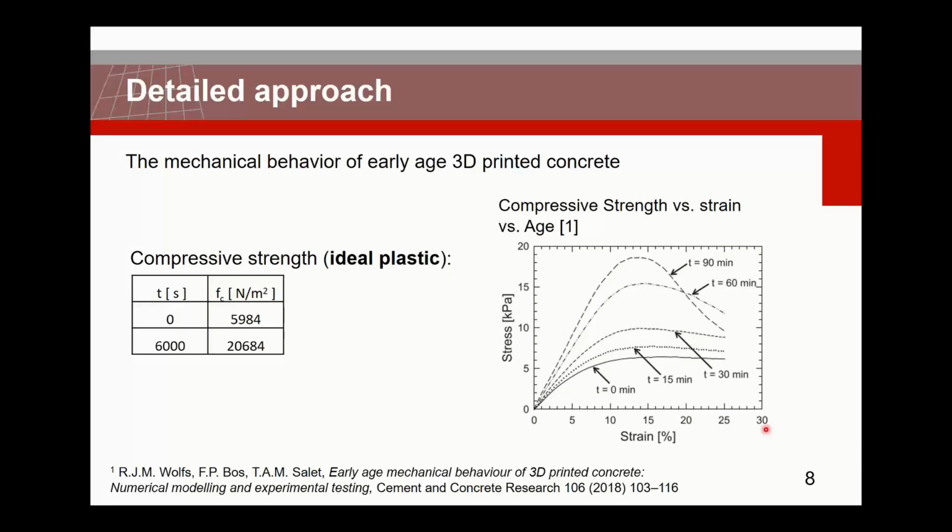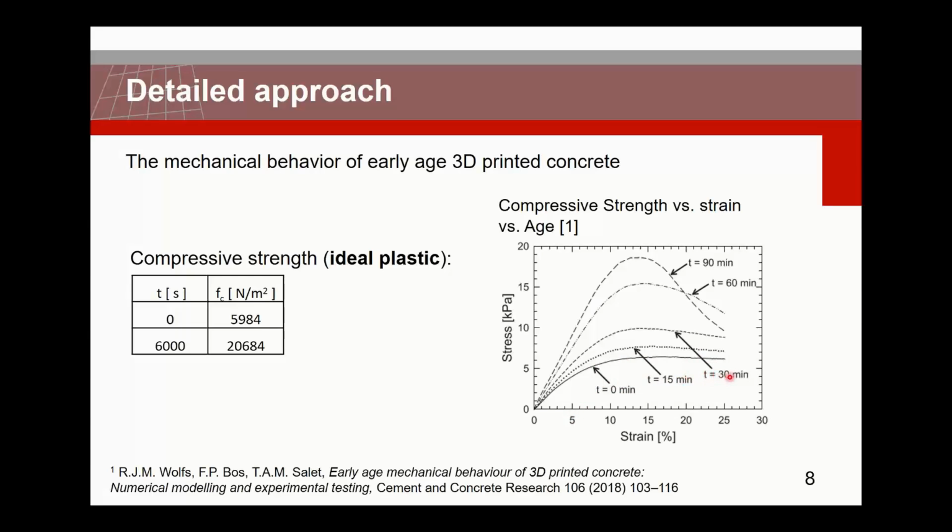Next up is how it will behave. Of course, we know in general from compressive strength, if you look at the stress strain diagram for compressive behavior, we in general look at a parabolic curve. But for very young, fresh concrete, this is actually not the case. You can see that here, if you look at a time of t is 0 minutes, it looks more like a sort of plastic behavior, or as we say, ideal plastic behavior.